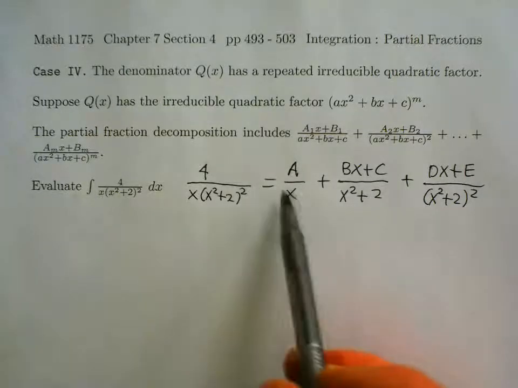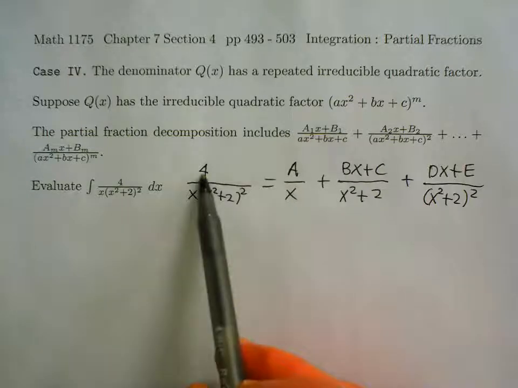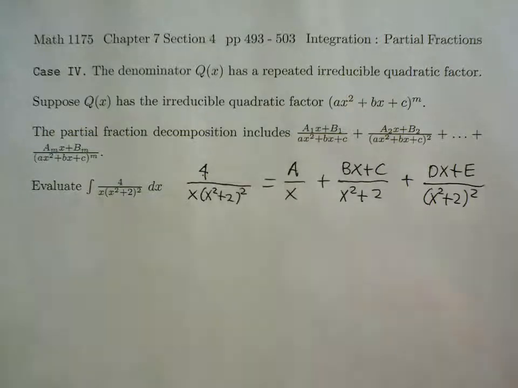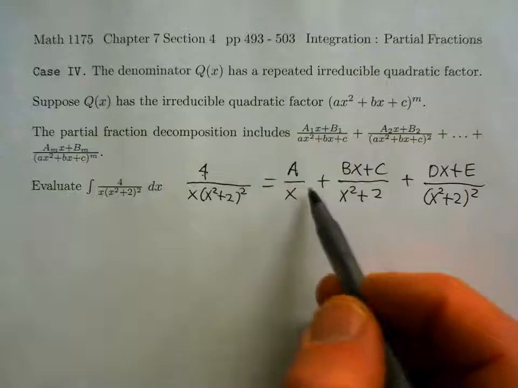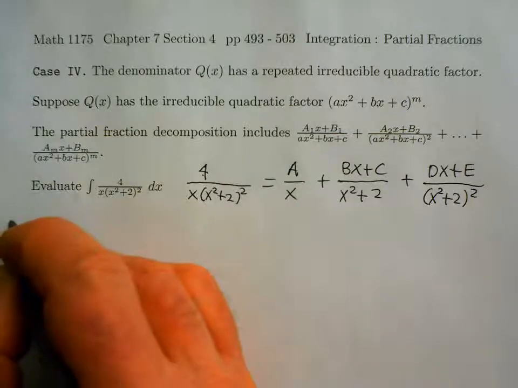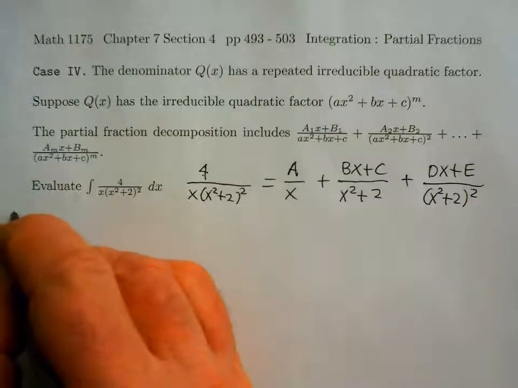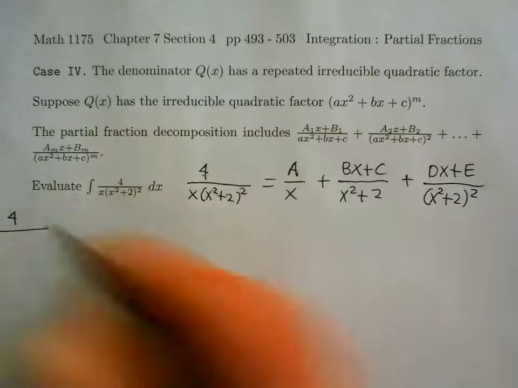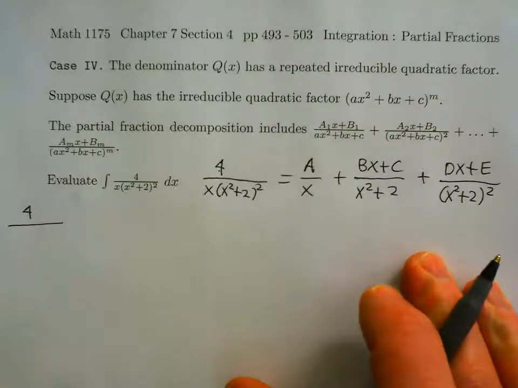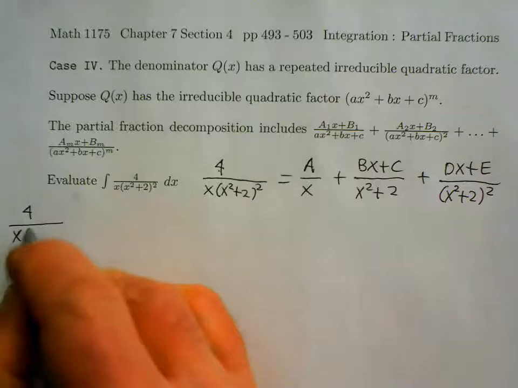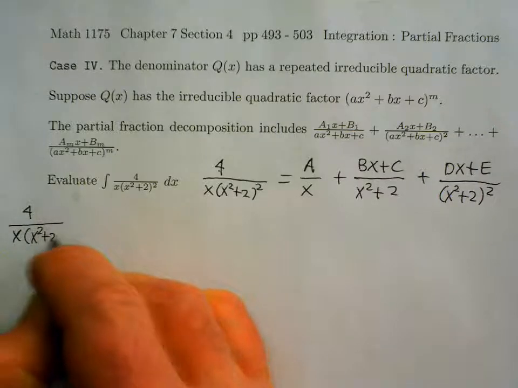So if it's okay, let's just focus on the numerators. Well, I'll go ahead and do a little bit more detail. So the original rational expression, 4 over x times x squared plus 2 quantity squared.